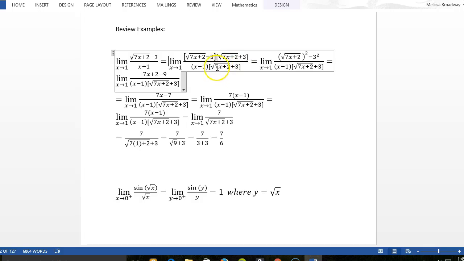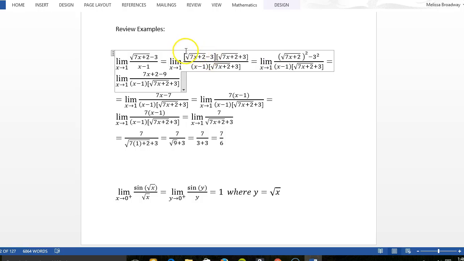Instead of a minus in the middle, I've got a plus. Why do I do that? It has to do with difference of squares and FOIL and all that. I want to rationalize the numerator, which in algebra you were probably used to doing for the denominator, but there is merit sometimes in doing the numerator. In this example, we'll see that merit.